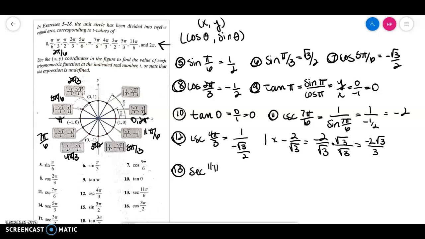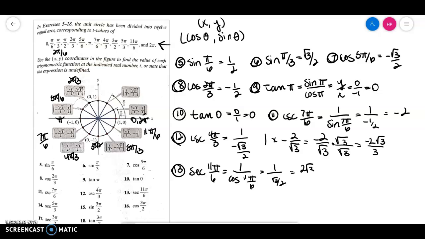Secant of 11 pi over 6. The secant is the reciprocal of the cosine. And so if I look at the cosine for 11 pi over 6, the x-coordinate, if you will, it's square root of 3 over 2. And so the same thing is going to happen. It's just going to be positive instead of negative.